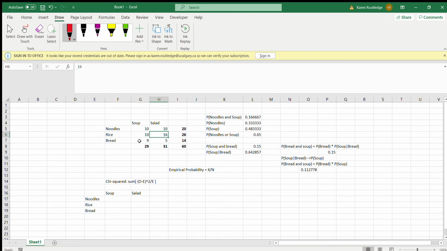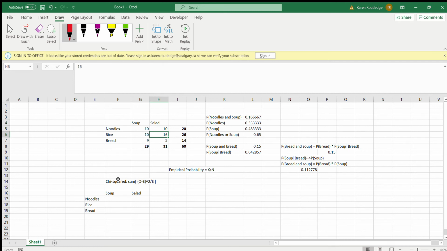We can't calculate an expected value that way. So it's fortunate then that when we have this row of options here and at least two columns of options here, we don't calculate the expected value that way. We calculate it a different way.